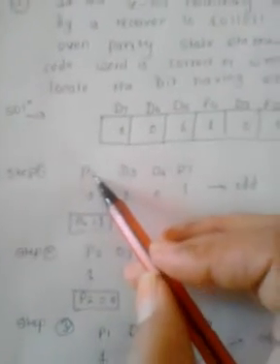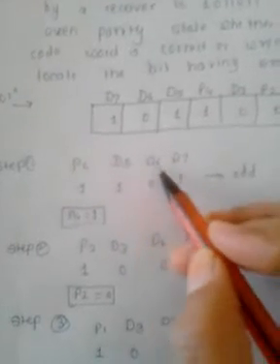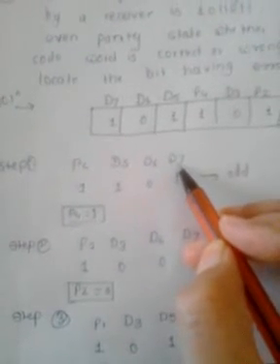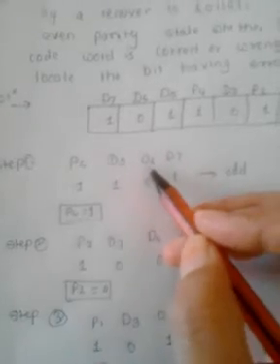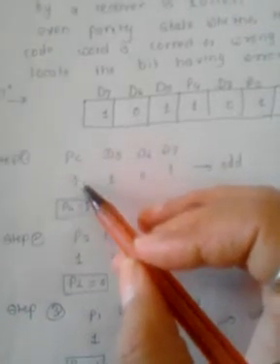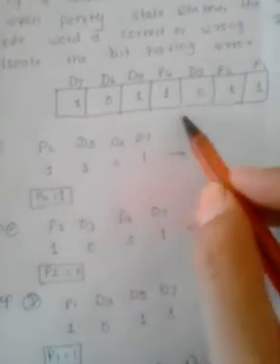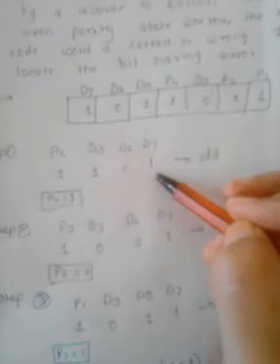perform step 1. In that we have to calculate the parity bit P4. This parity bit is always associated with the D5, D6 and D7 bits. It is fixed. It can't be changed. So here we write the bits associated with that parity: 1, D5 is 1, D6 is 0 and D7 is 1.